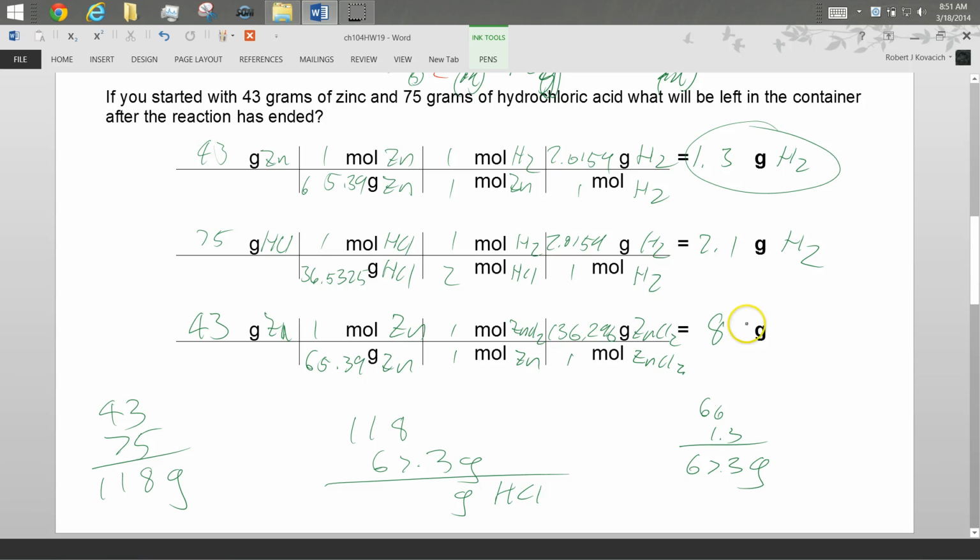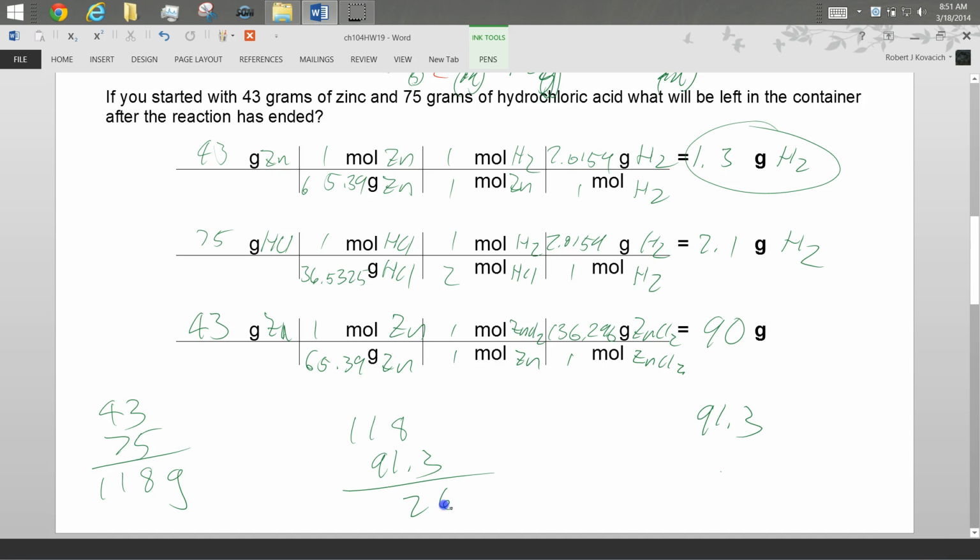Looks like 90. All right, so let's get rid of this. So then I get 91.3. So 118 minus 91.3, and I get 26.7 grams of HCl that's left over. Okay. Thanks for catching that twice.